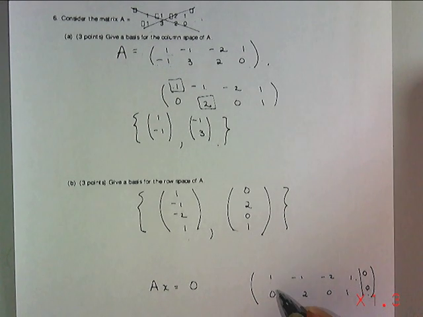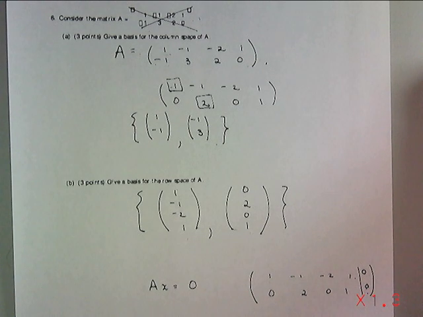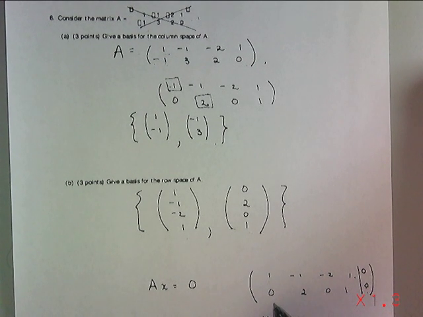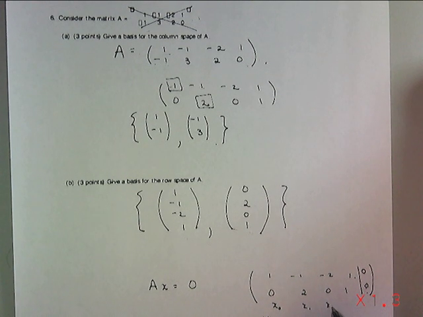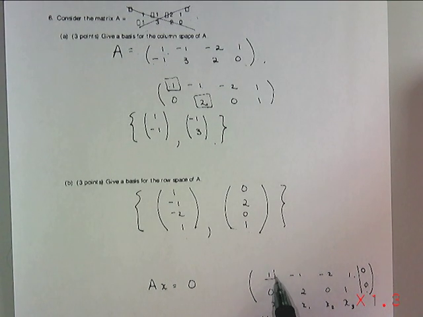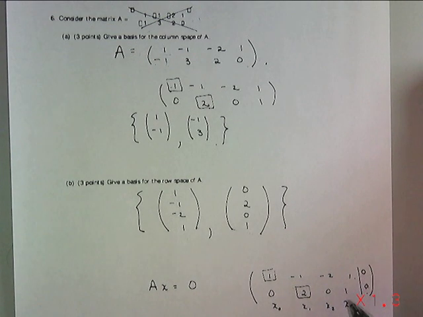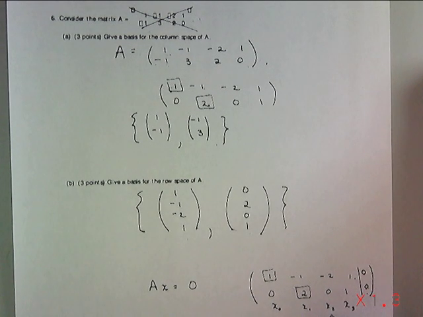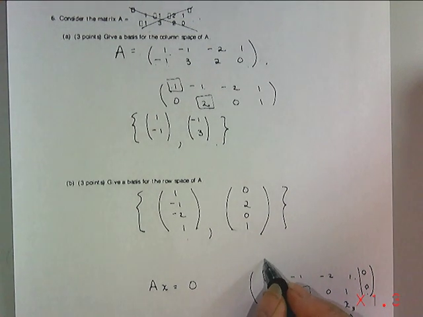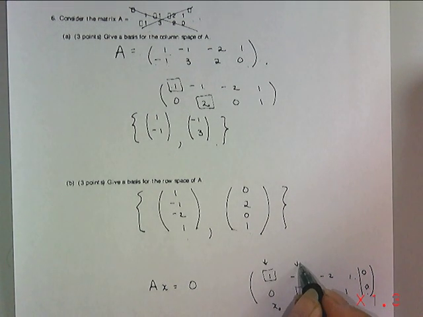So I need to find the vectors x that satisfy this. It's going to have 4 components. I could call them chi0, chi1, chi2, and chi3. And since these are the pivots, our solutions are going to have 2 free variables and 2 dependent variables.